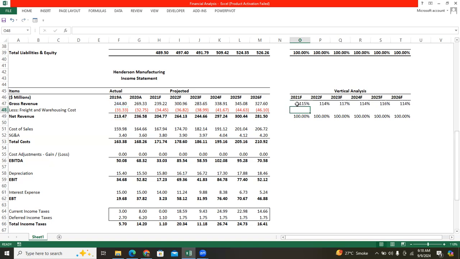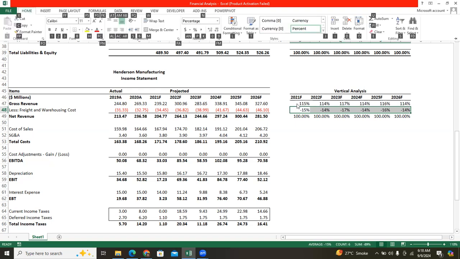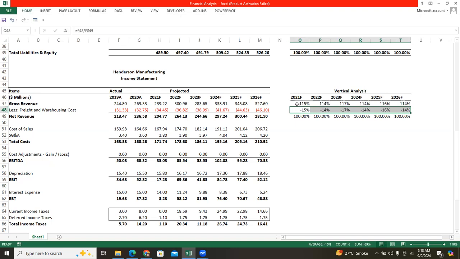Then we've got to see the freight cost as well. Alt H and P, making it a percentage. Now you see you got a different stage. Alt H, and now we need some further formatting.